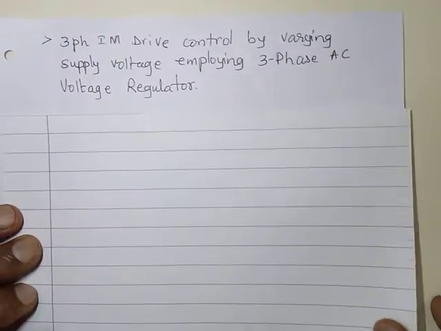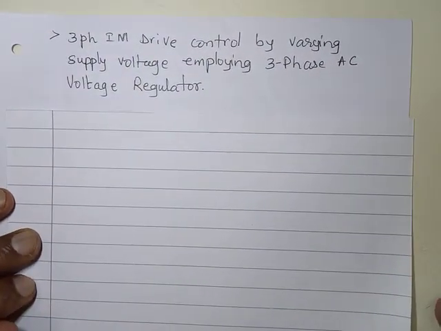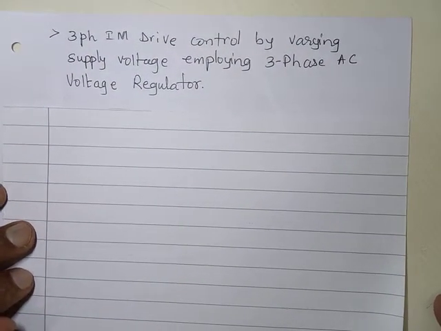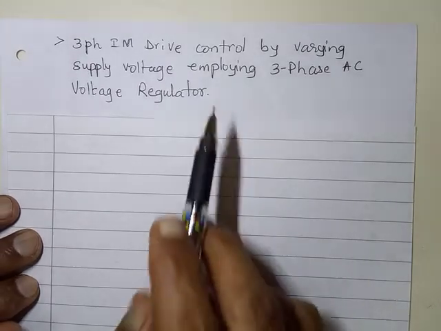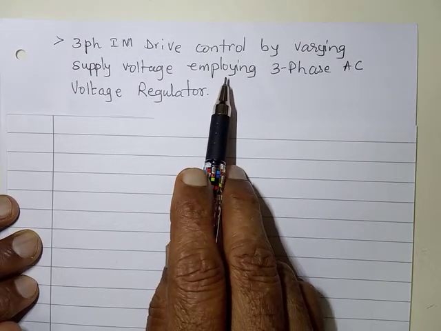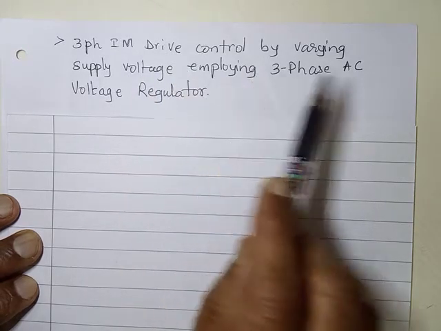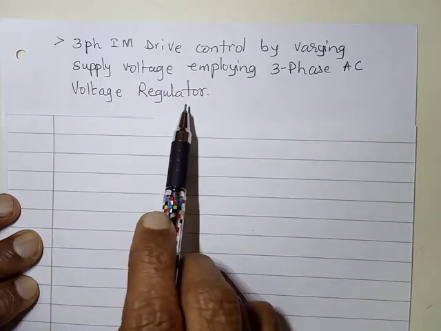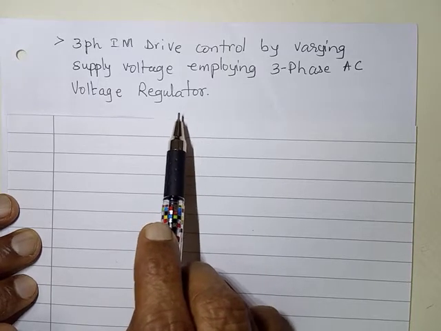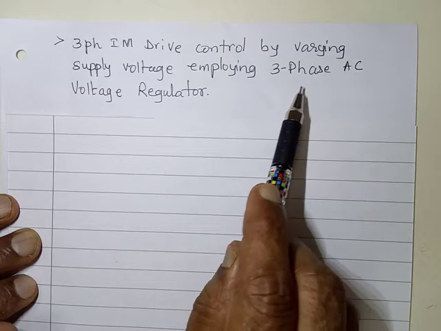So first we will take the voltage control, the voltage supplied to the three-phase induction motor. It is three-phase induction motor drive control by varying the supply voltage we give to the induction motor, employing a three-phase AC voltage regulator.